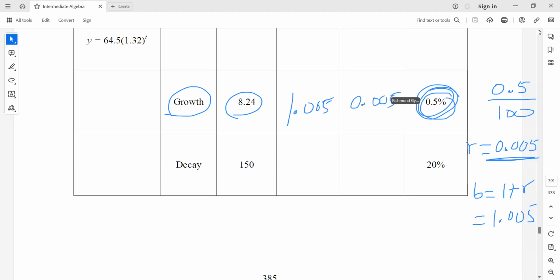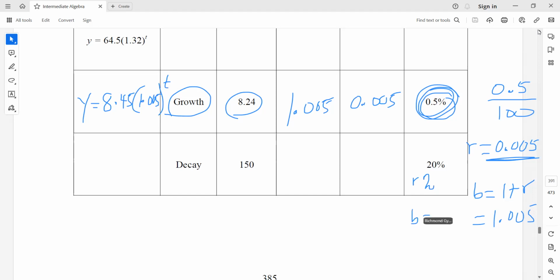And that's it. So Y equals, it's a growth, so 8.45. And then our B is 1.005 to the power 2. Now the last one, we have the rate in percentage 20%, but it's a decay, right?